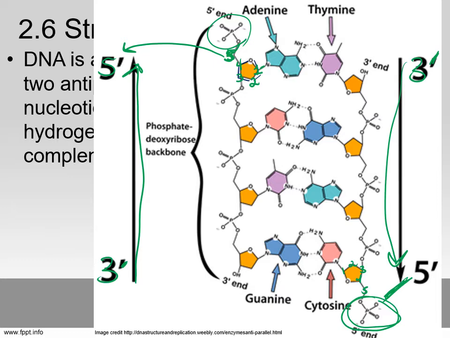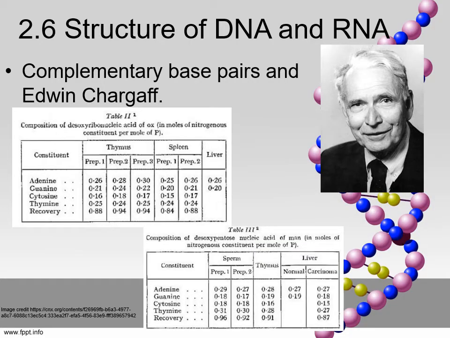Good? Good. All right, so this idea of complementary base pairing, how do we even know that adenine and thymine go together and cytosine and guanine go together? This amazing guy, Edwin Chargaff, did an investigation where he took different kinds of DNA from thymus and the spleen and the liver and the sperm of different animals, and then compared quantities of adenine, thymine, cytosine, and guanine.